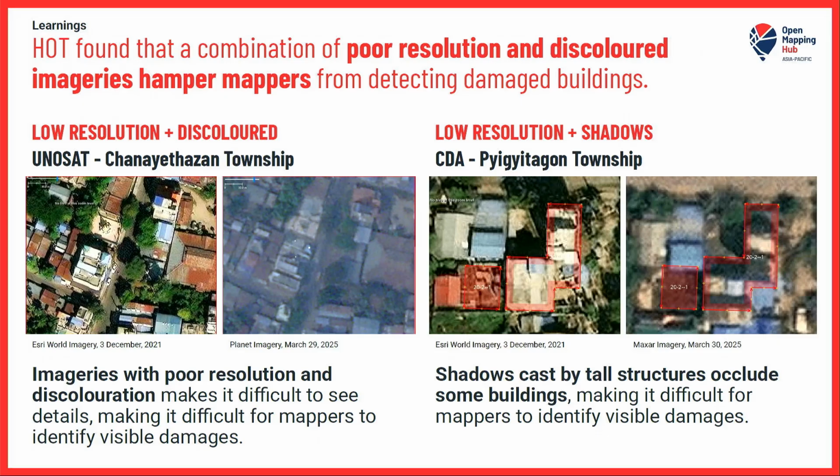For the low resolution and discolored imagery, you can see that it is very hard to even see the buildings, and if you want to check damage, it will be much harder. And for shadows, especially from tall structures, they cast shadows on the lower ones, and that affects how they visually inspect the damaged buildings.